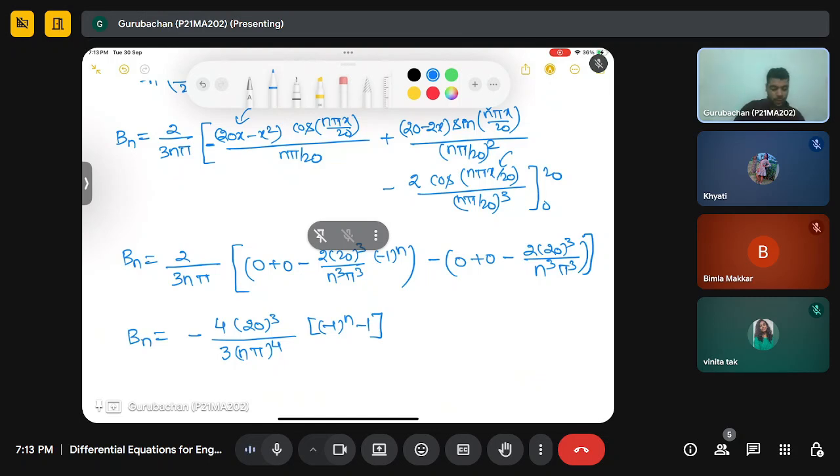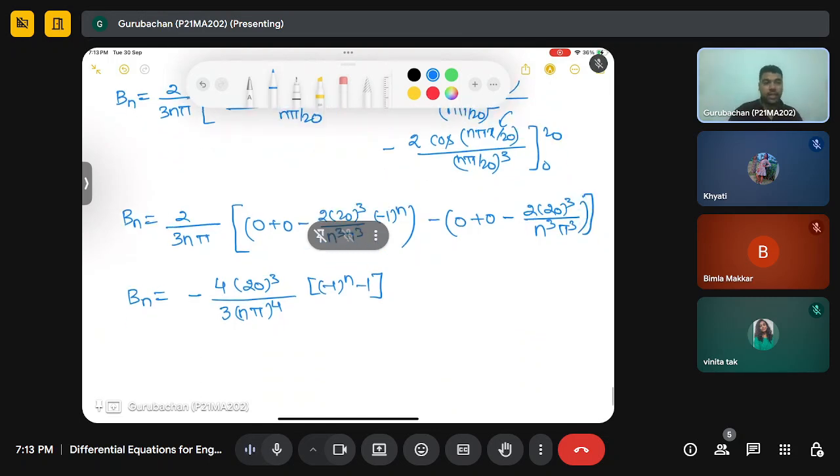Okay, so again we are dividing the case for n odd and n even. When n is odd, this quantity will contribute minus 2, so this will be 8 times 20 cube divided by 3 n to the power 4 pi to the power 4 if n is odd, and 0 if n is even.